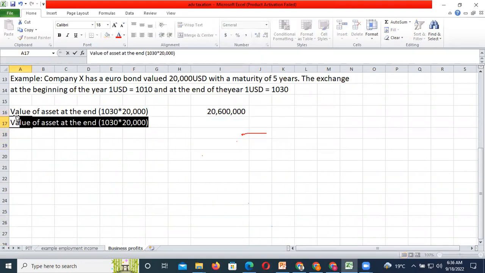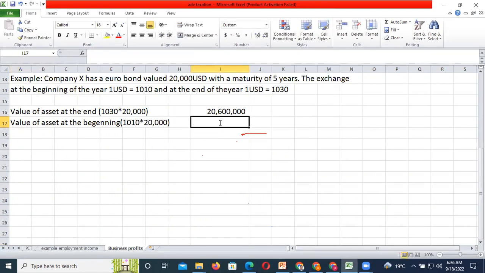Then I also look at the value at the beginning, which is 1010 times 20. The difference is what we are going to recognize as our gain. This is recognized as a gain or income, and you recognize it as income when computing the business profit. That's what we are talking about in this case.